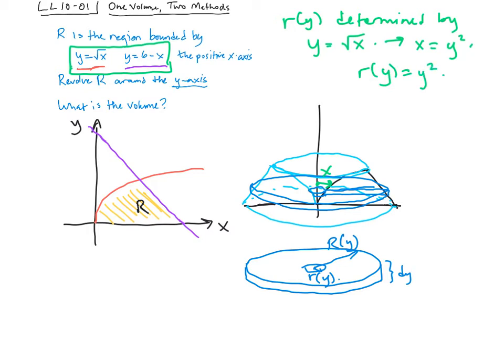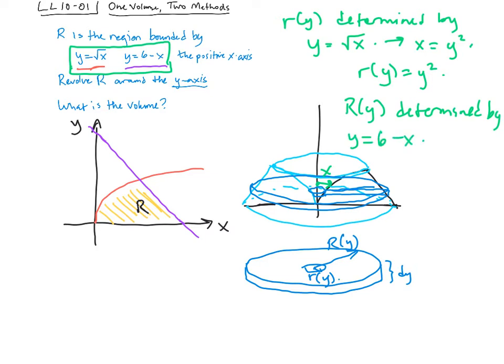Okay, what about big R of y? Well, big R of y seems to be determined by this curve here, in this picture. So big R of y appears to be determined by the equation y equals 6 minus x.